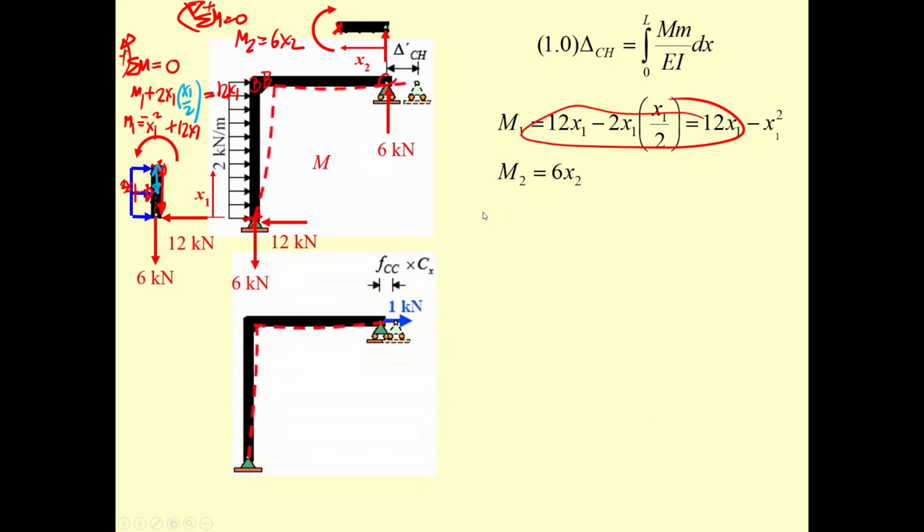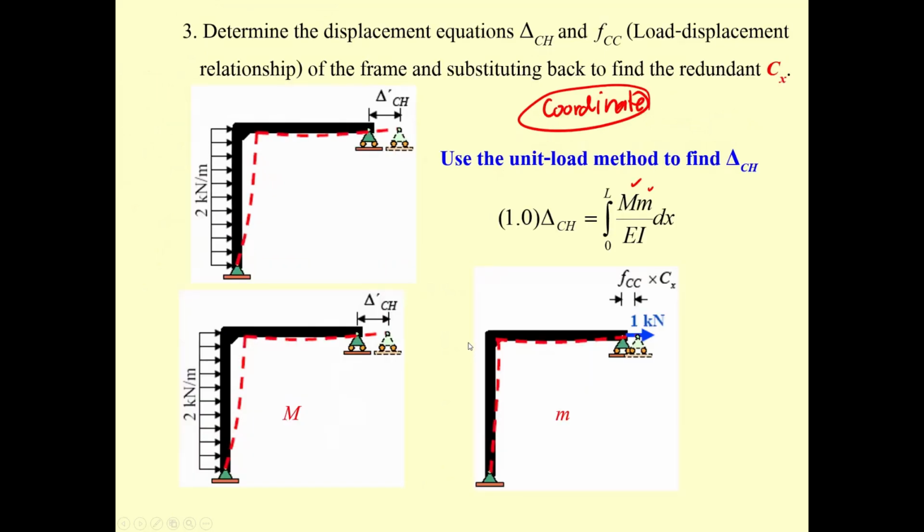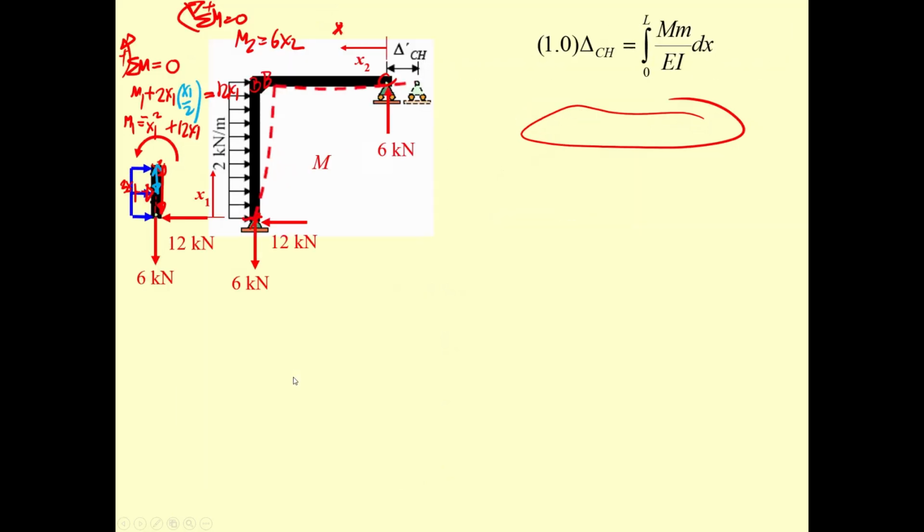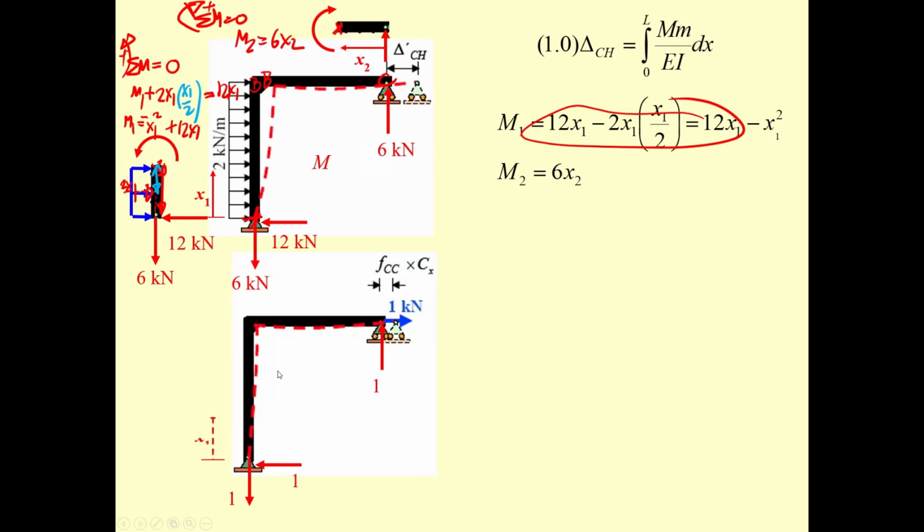And then for small m, you may use these pictures because, as Ajahn showed you, the pictures over there and this one are the same. Then do the same: take the summation of the moment equal to 0. And you should note that you should use the same moment direction for capital M and small m for the summation of the moment equal to 0 over here.